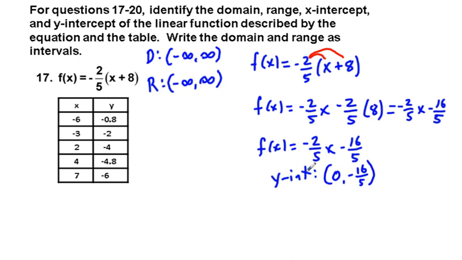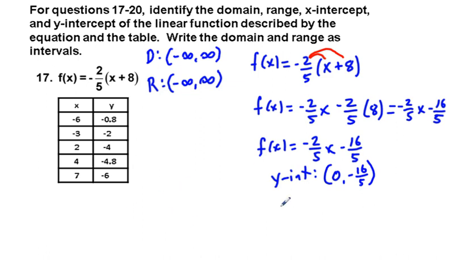I think that's going to be negative 3.2. And as you can see here in the table, we have negative 3.2 occurs between negative 2 and negative 4. And then that would correspond to that 0 between x equals negative 3 and x equals 2 on the left side of the table. So that makes sense.